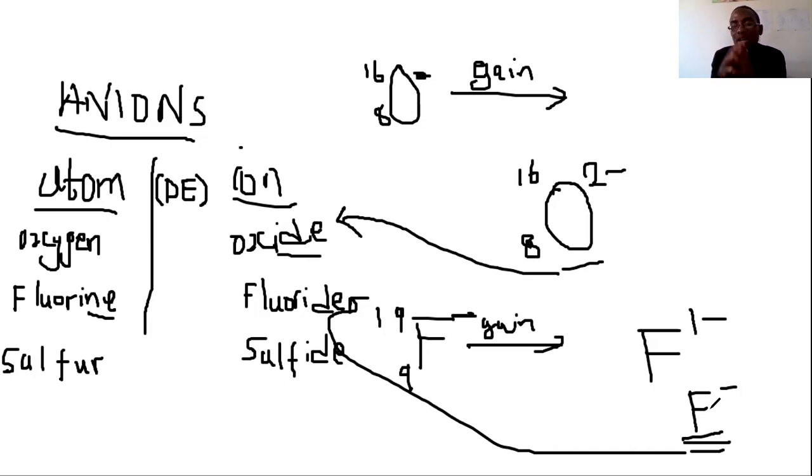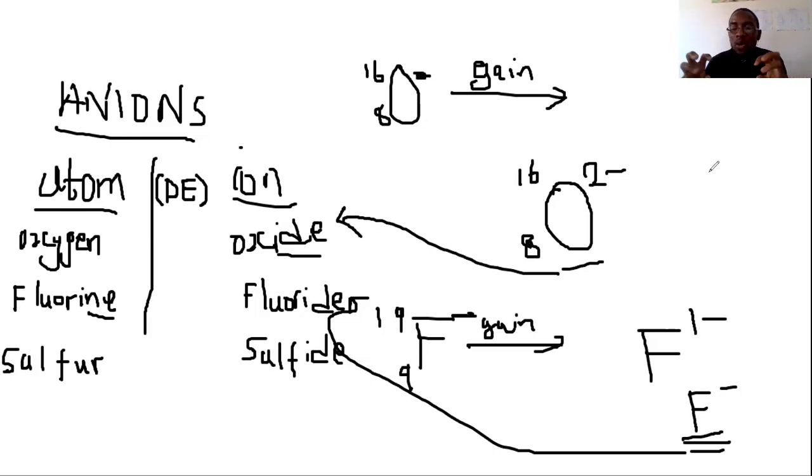So oxygen becomes oxide, fluorine becomes fluoride, chlorine becomes chloride, sulfur becomes sulfide, phosphorus, phosphide. We'll get to hear those names: bromine, bromide, iodine, iodide. So we get to know the nomenclature, which is just a naming system of those particular ions. So that is on the cations and the anions.